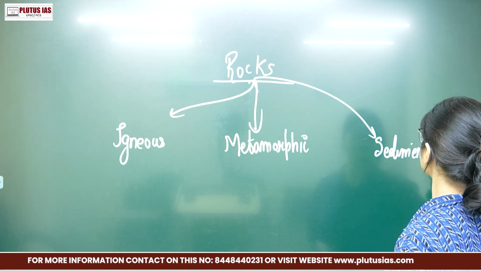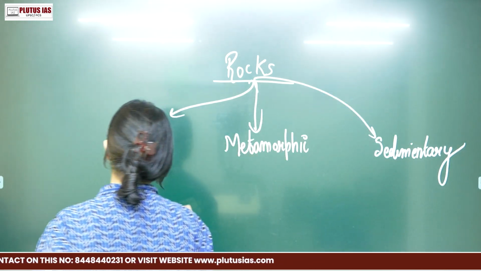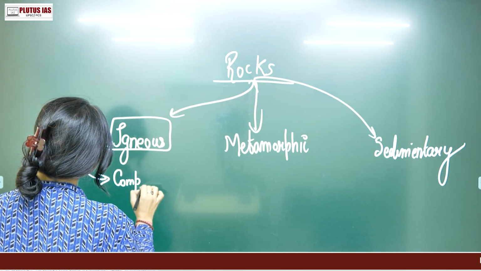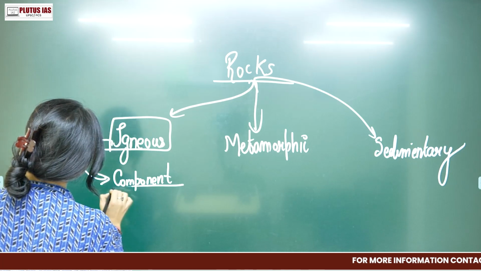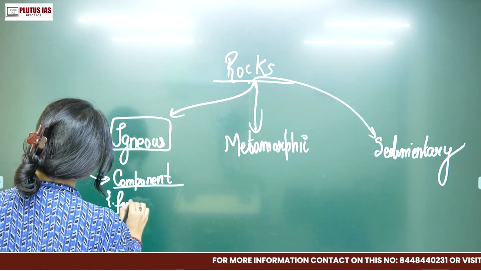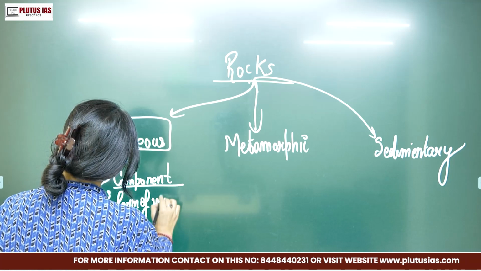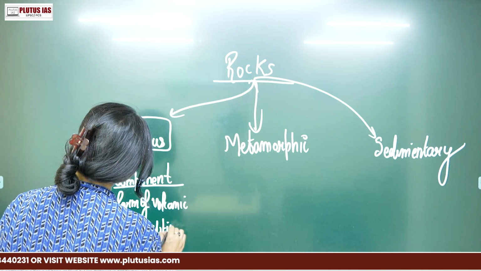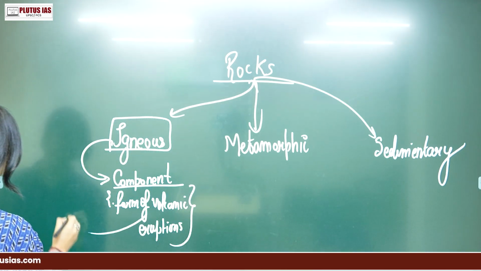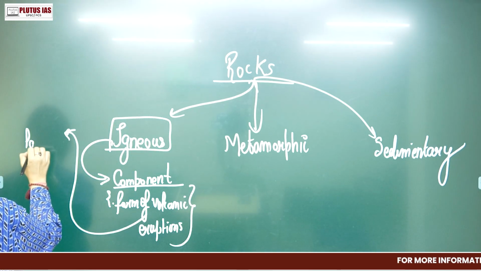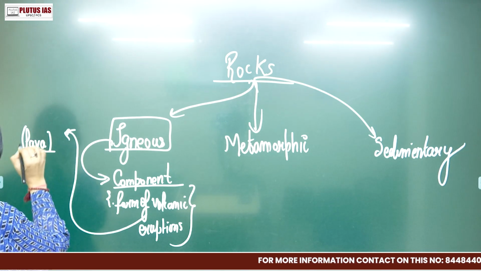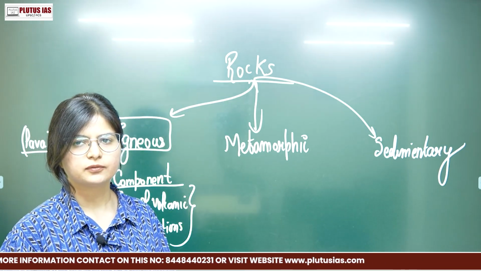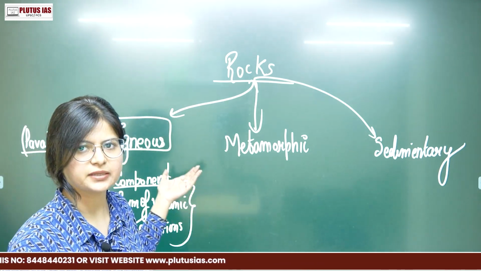So how is igneous rock formed? Igneous rock gets its component from inside the earth, in the form of volcanic eruptions. All the volcanic eruptions bring out the lava, and when they bring out the lava, it constitutes the form of the rock, which we call igneous rock.